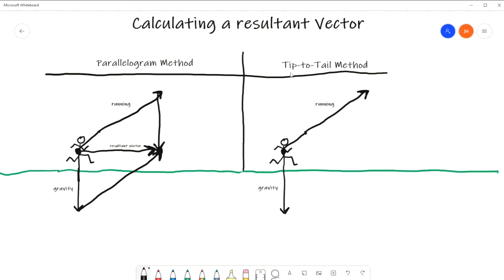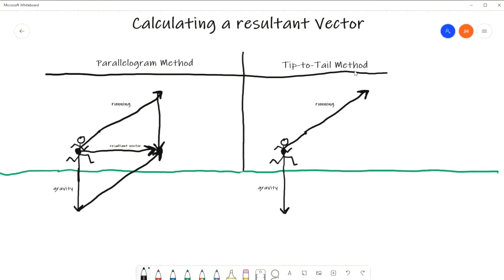Next up, let's see the tip-to-tail method. It works pretty much the exact same way. In fact, we basically used the tip-to-tail method to make this parallelogram. For the tip-to-tail method, I'm going to match the tip, the end of one of my vectors, with the tail of my other vector. Let's take my gravity vector and throw it onto our running vector. The running vector takes me up 3 and to the right 4.